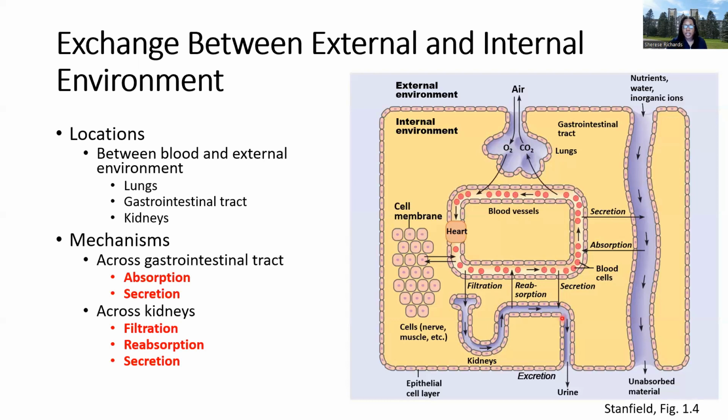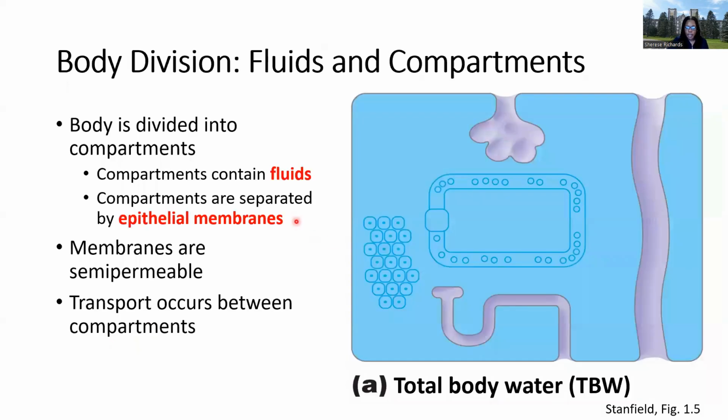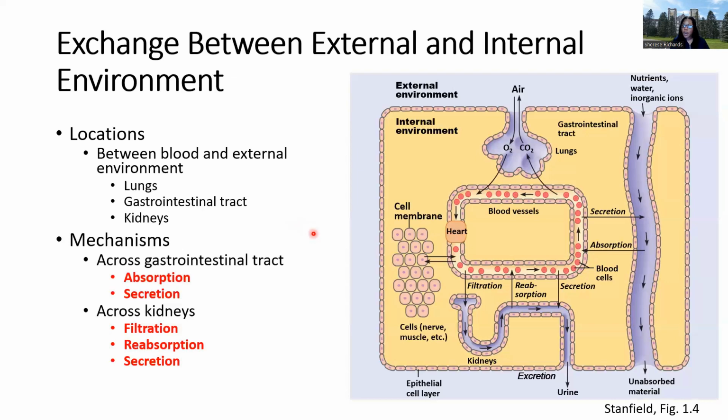So the same direction for filtration and secretion, and then reabsorption would be reclaiming in the opposite direction. All right, everyone with me so far? Any questions on that portion? So basically how the body is organized and then the various processes and barriers as far as movement or exchange of substances.